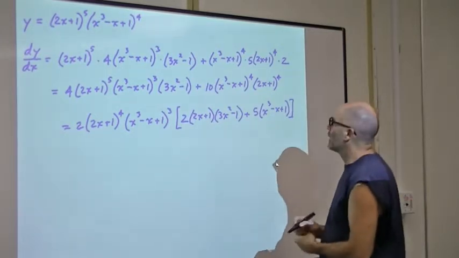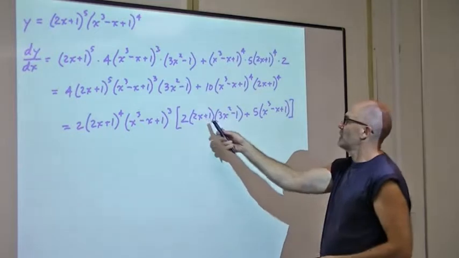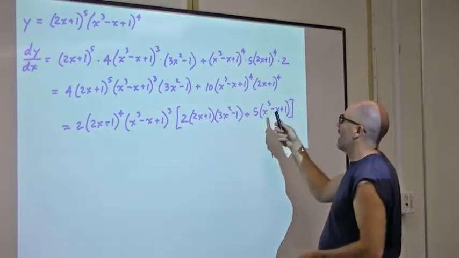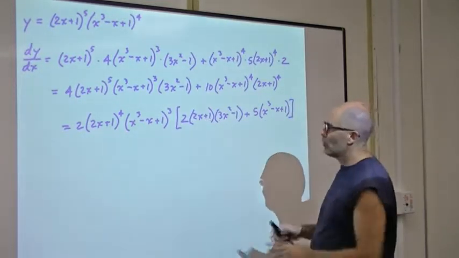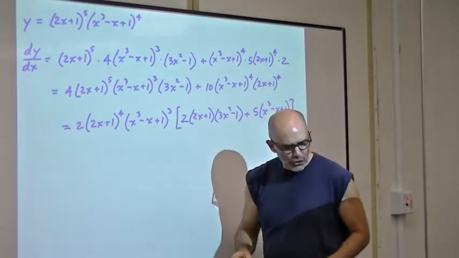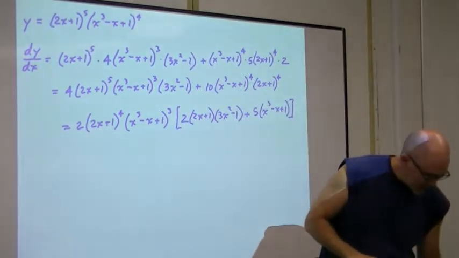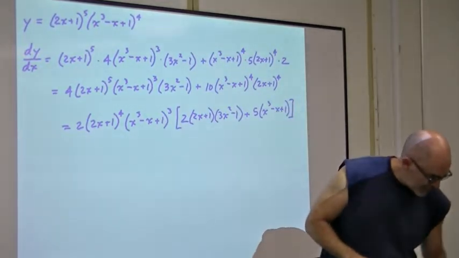Okay, now what we could do is distribute this, distribute that, combine like terms, and then we have a third factor. And what does that turn out to be?